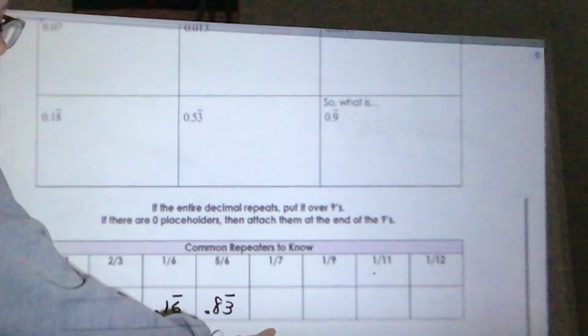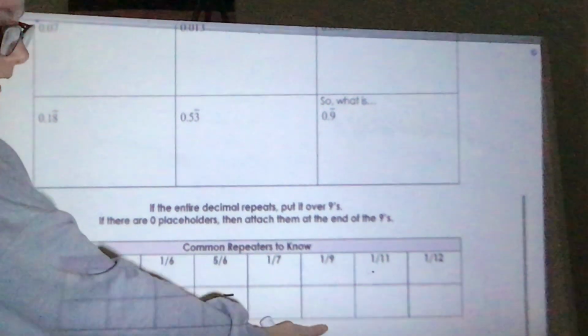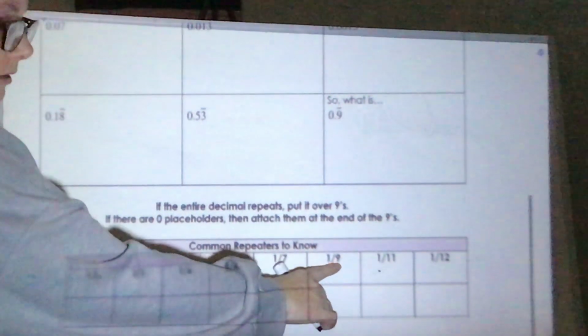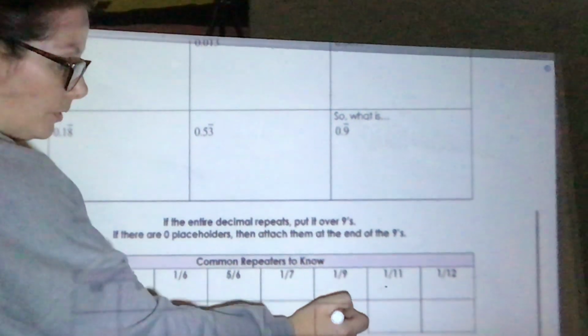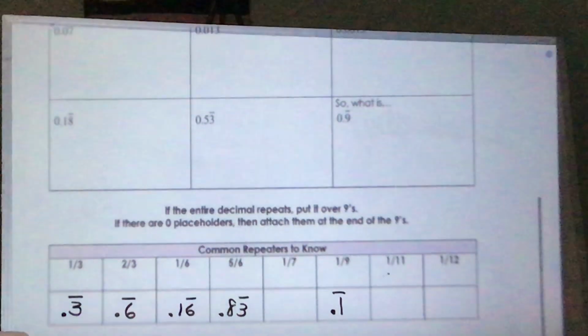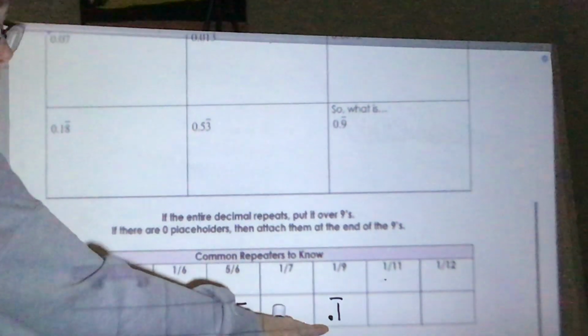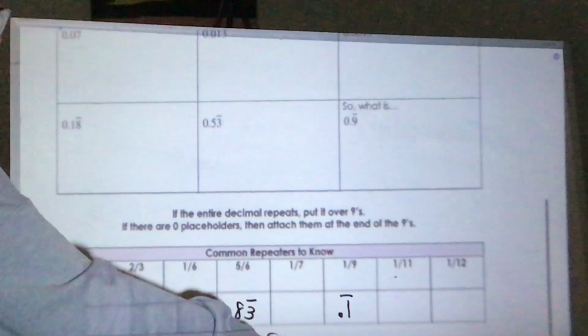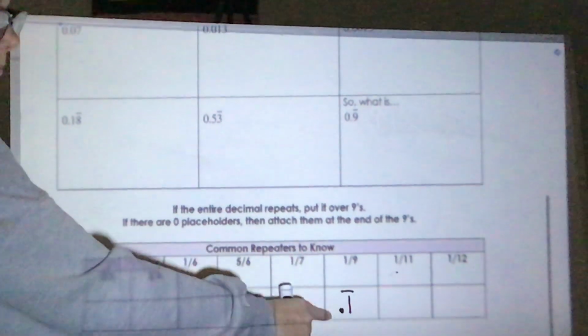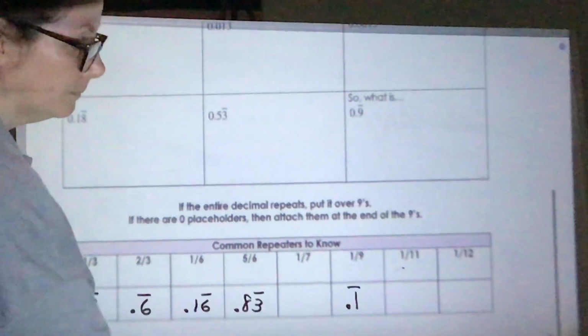I'm going to skip this one for a second. The 9s, any fraction that has a denominator of 9 is just that number, the numerator, repeated. So 1/9 would be 0.1 repeated, 2/9 would be 0.2 repeated, 3/9 would be 0.3 repeated.